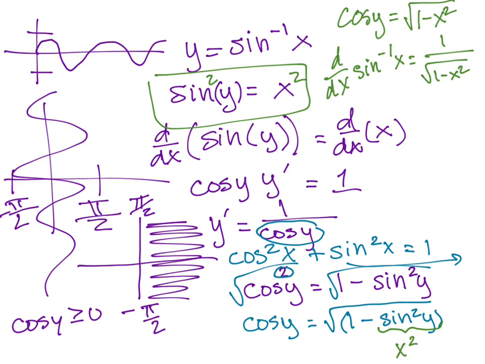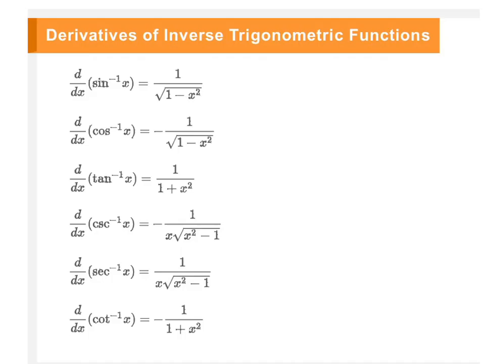Okay, this was a super long derivation process. I think it's necessary to do one time to get from sine inverse of x to its derivative. I think you've got to go through that process once and understand what happened, and then from then on, don't do it, memorize it. Okay, so here are your derivatives of inverse trig functions.